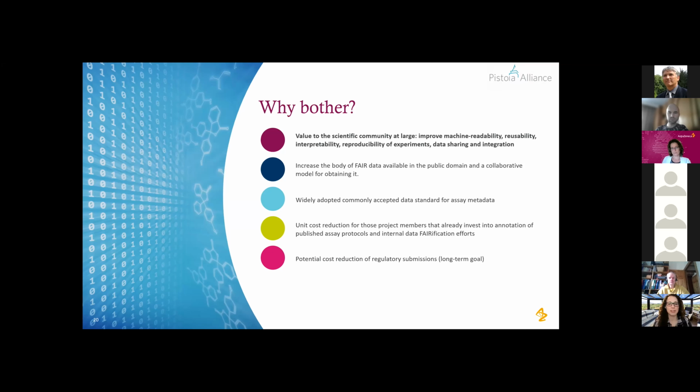I'll pass it to Isabella to add a bit more information or flavor to that. Sure, thanks. So Chris, people have been talking about this for ages, right? Like you mentioned, and tried to make it happen. There was BARD and this and that. Now we think it's the right timing because of the investments in FAIR data and in AI and machine learning.